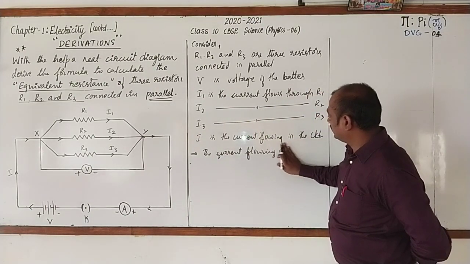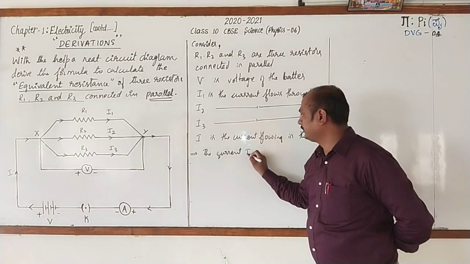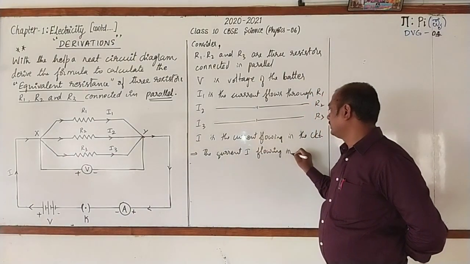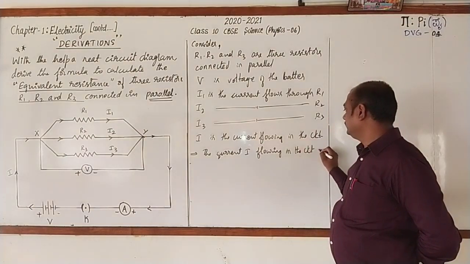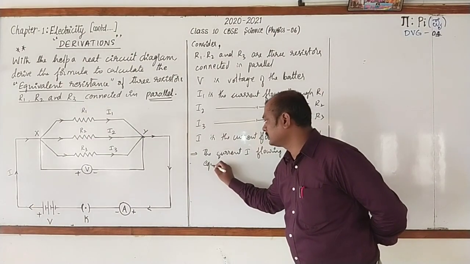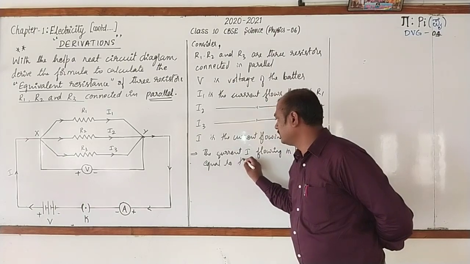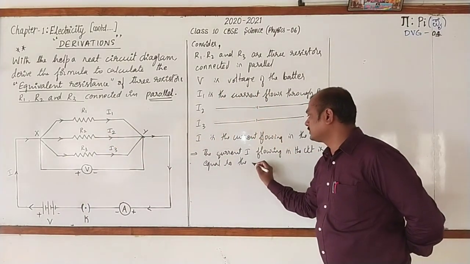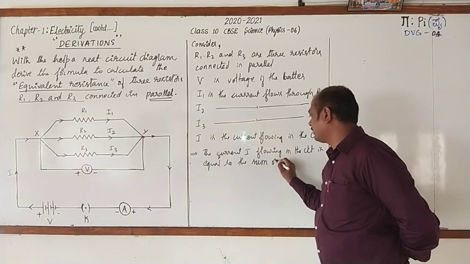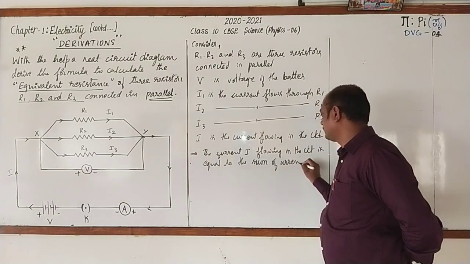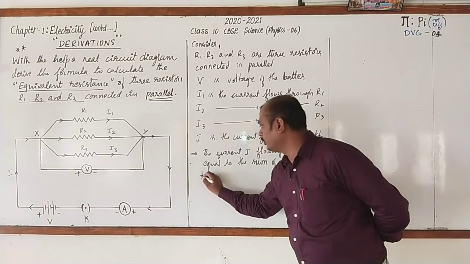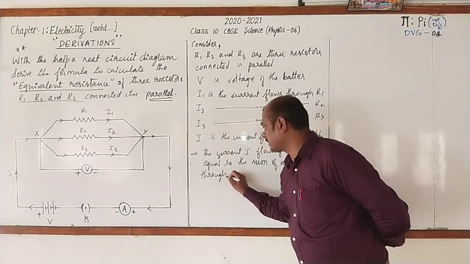Now, the current I flowing in the circuit is equal to what? Is equal to the sum of current flowing through each resistor.